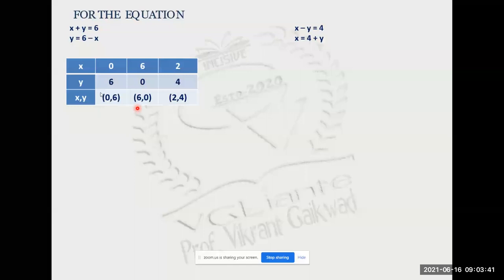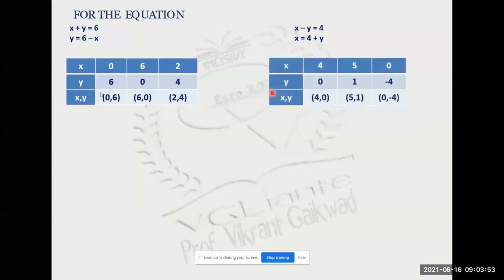So the coordinates will be 6, 0. Next, when you substitute x as 2, you get y as 4, so it will be 2, 4. Now for the next table, we are going to substitute values of y as 0, 1 and minus 4.